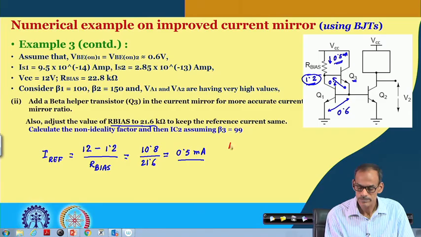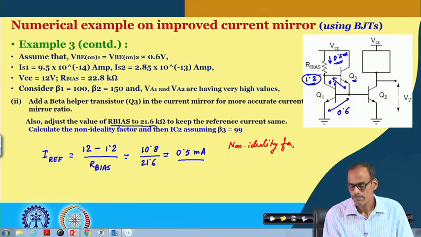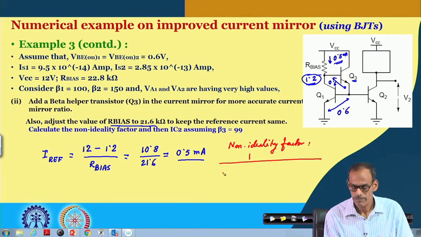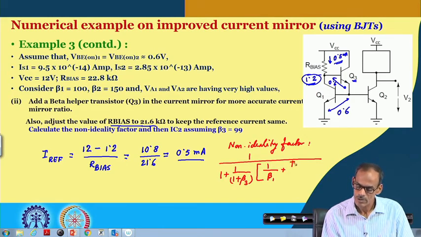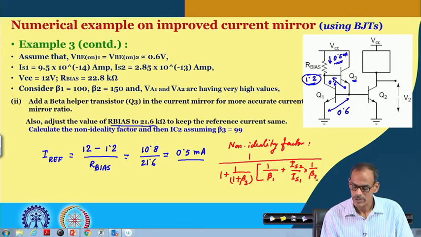The non-ideality factor becomes 1 divided by 1 plus 1 by (1 plus beta 3) multiplied by (1 by beta 1 plus I2 divided by I1 multiplied by 1 by beta 2).